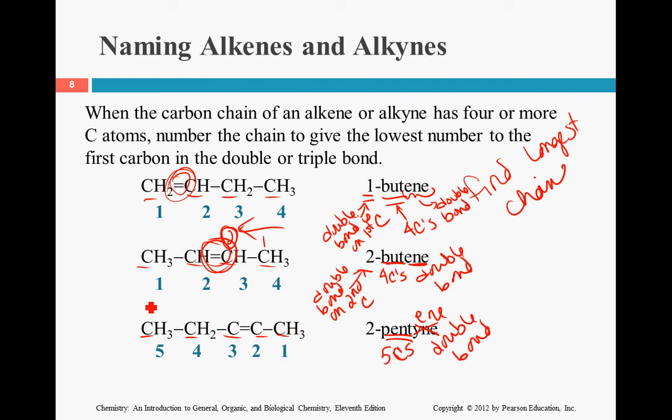So, if we count it from the left, like we did before, that would put the double bond on the third carbon. If we count it from the right, however, 1, 2, it's on the second carbon. So we want to get the smallest number possible. So that means these are not good. We're going to count from the right hand side.